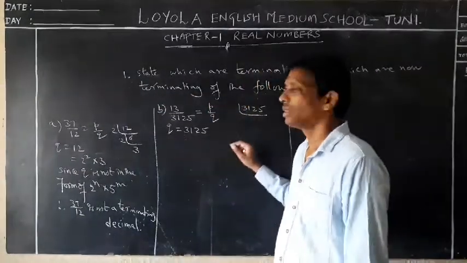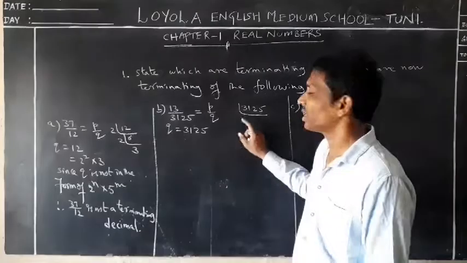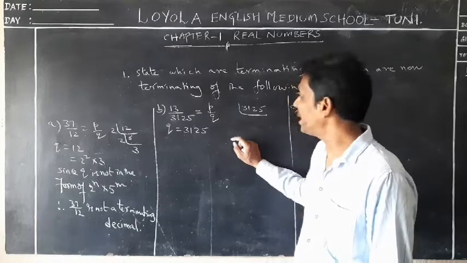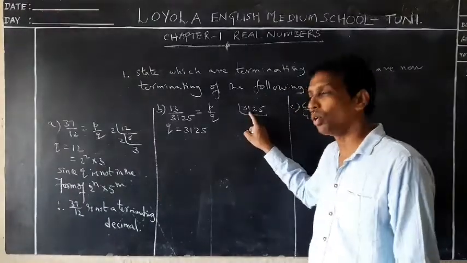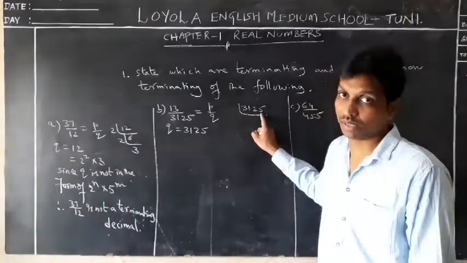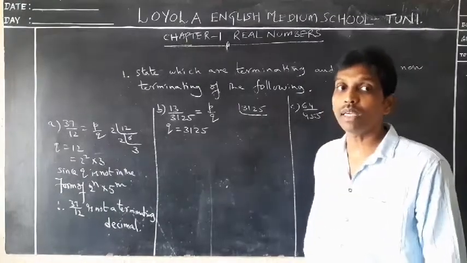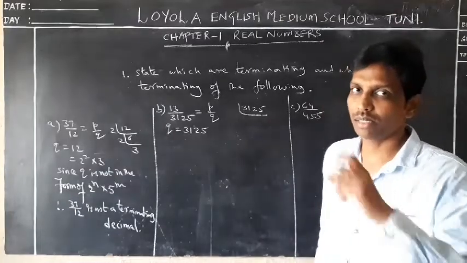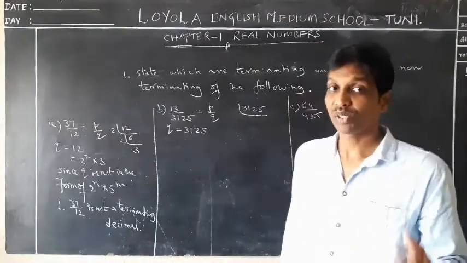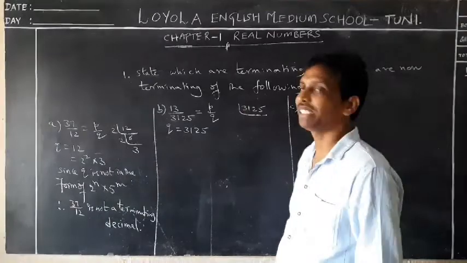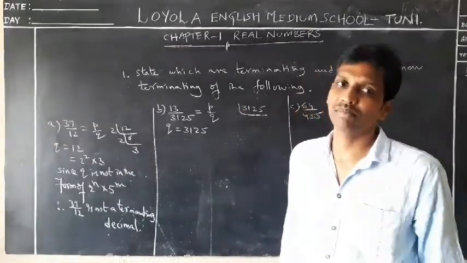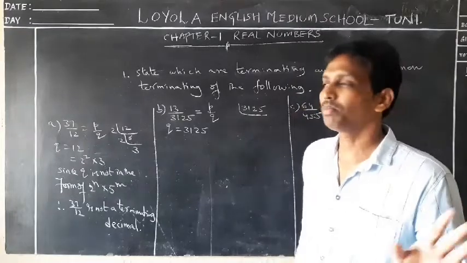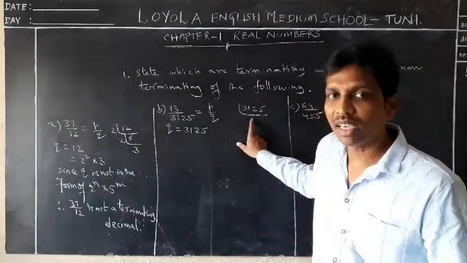We know the test of divisibility: if a number is divisible by 3, the sum of all digits is divisible by 3. 3 plus 1, 4. 4 plus 2, 6. 6 plus 5, 11. Usually we may expect that if the ones place is 5, there is a chance the number is divisible by 3, but here it is clear: the sum of all the digits is 11, and 11 is not divisible by 3. So we are sure that this number is divisible by 5.